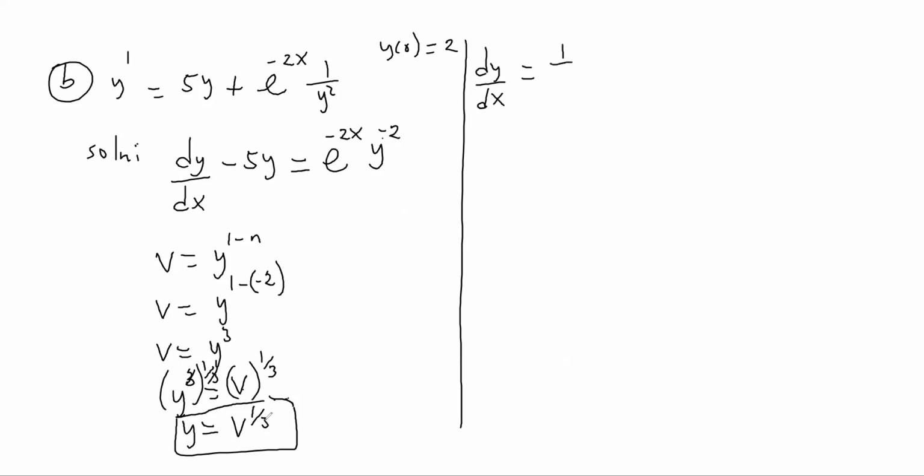So I will have 1 over 3 v, now this minus 1, so 1/3 minus 1 is minus 2/3. So I'm differentiating v with respect to x. So now wherever I see dy by dx, I write this expression.